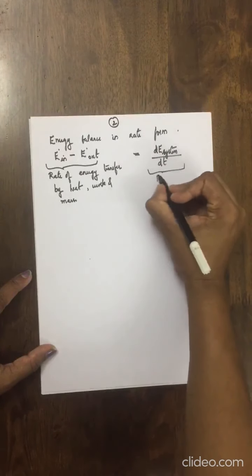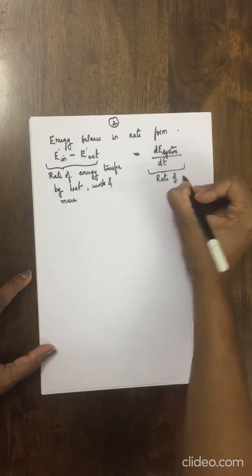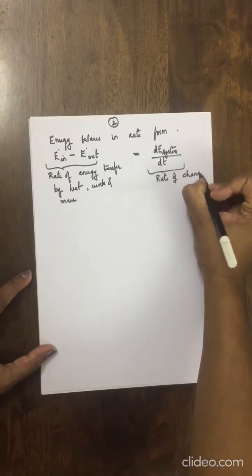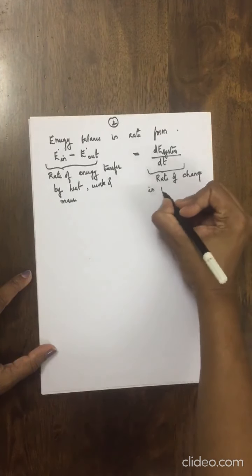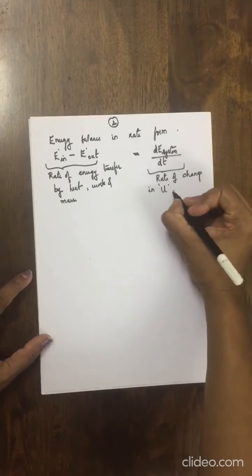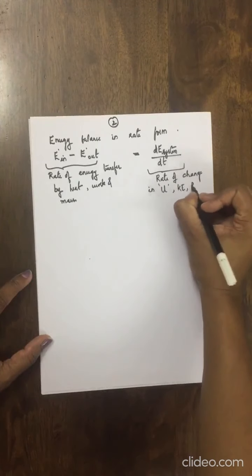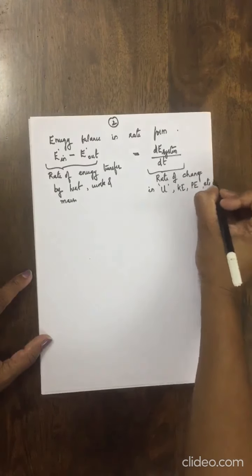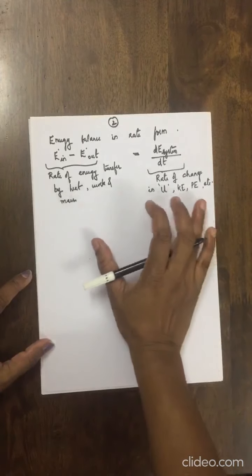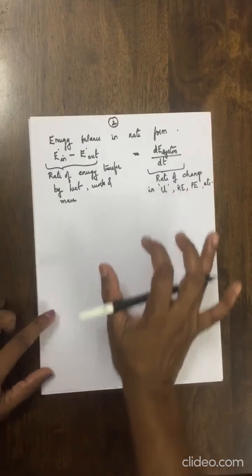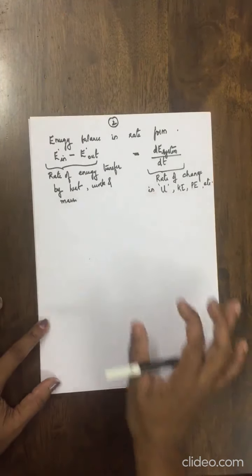That is the rate of change in all microscopic modes of energy, that is internal energy, kinetic energy, potential energies, etc. Okay, so this is the general expression for energy balance in rate form.